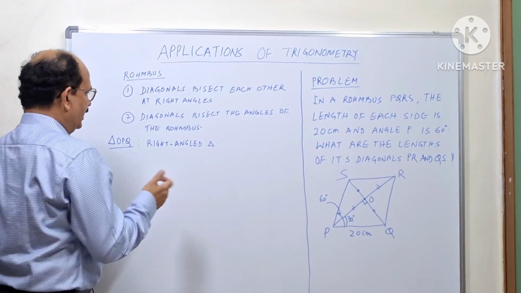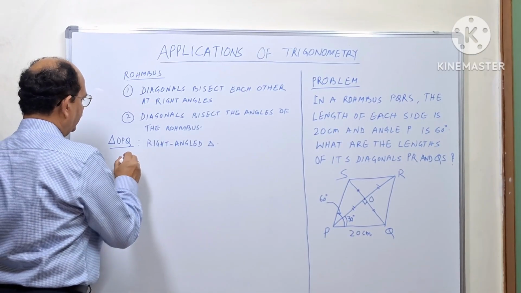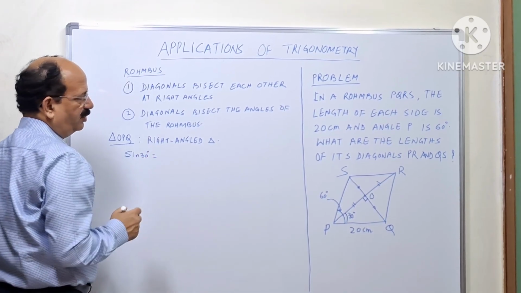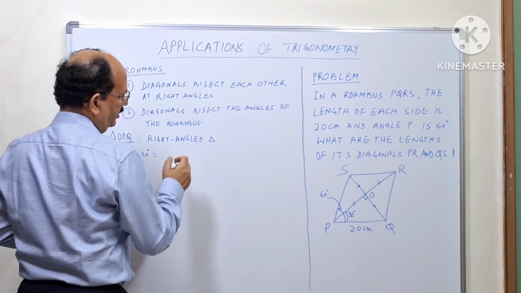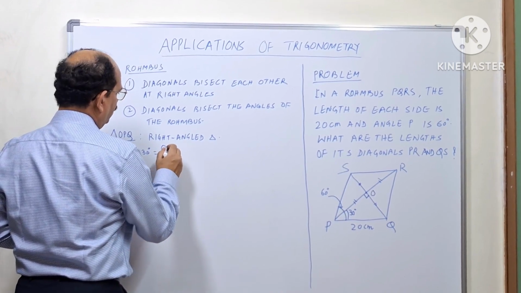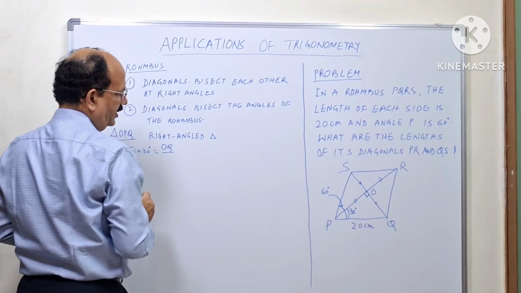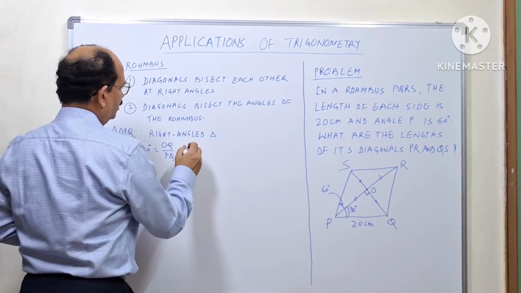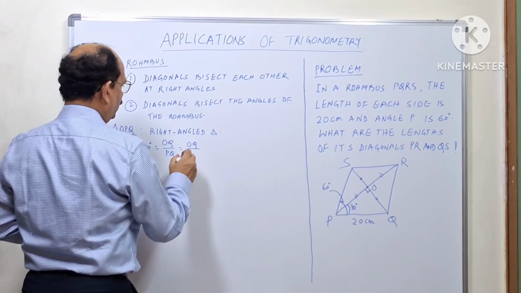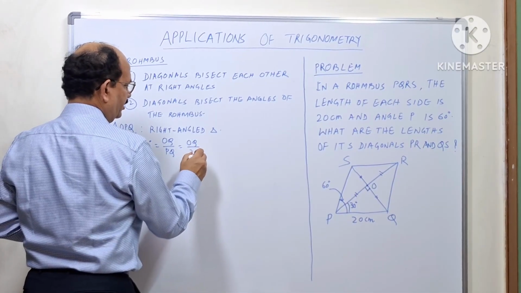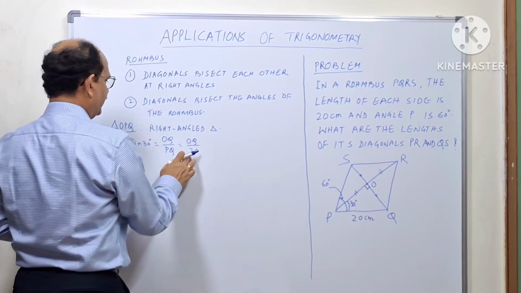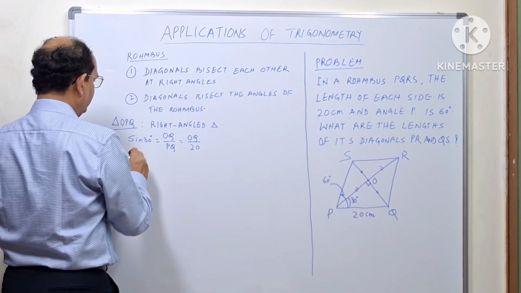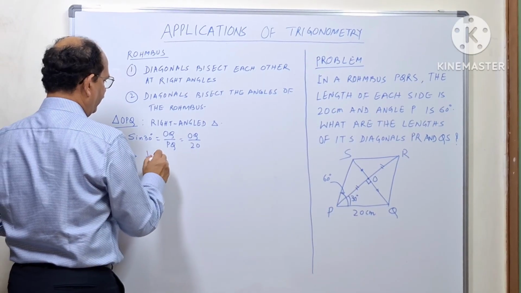So if we use sine 30 degree, that will be equal to perpendicular by hypotenuse, that is OQ, which is perpendicular, divided by hypotenuse, which is PQ. So sine 30 equals OQ by 20. Now we know that sine 30 is equal to half.